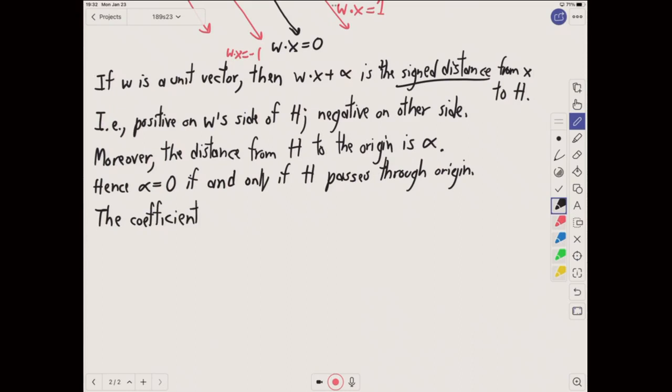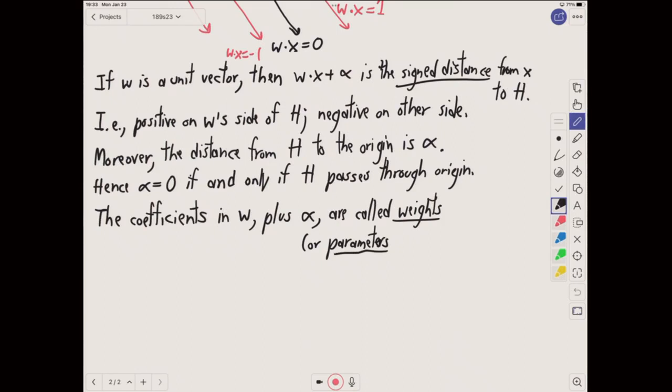So when we want to learn a linear classifier that uses a linear decision function, that means we are learning the coefficients in the vector w, plus we're also learning a scalar value, alpha. Each of those values is called a weight. Like many things in machine learning, weights sometimes go by other names.